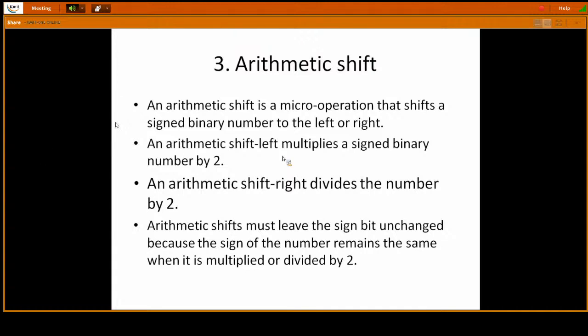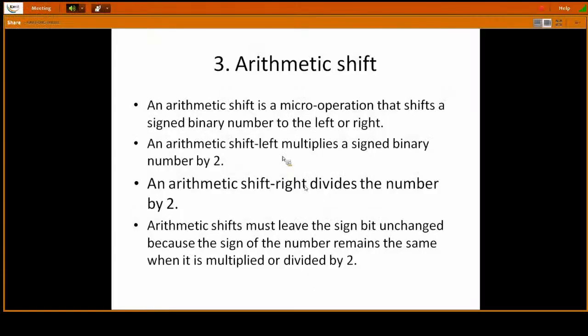Whatever we have discussed, the logical and circular shifts, can be implemented on unsigned data. That means you will not specify the sign of the data. Whenever you are specifying the sign of the data, like plus and minus, on the register's data, if you want to perform a shift micro operation, you must use the arithmetic shift micro operation.